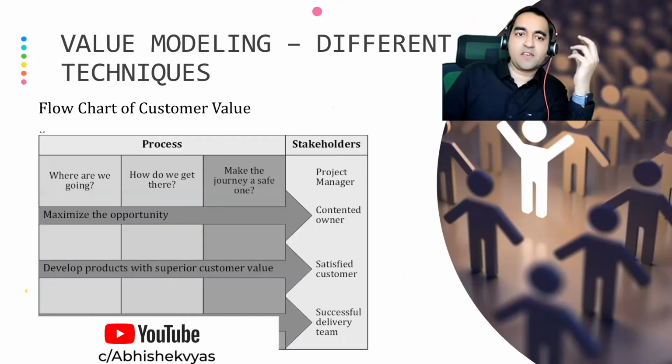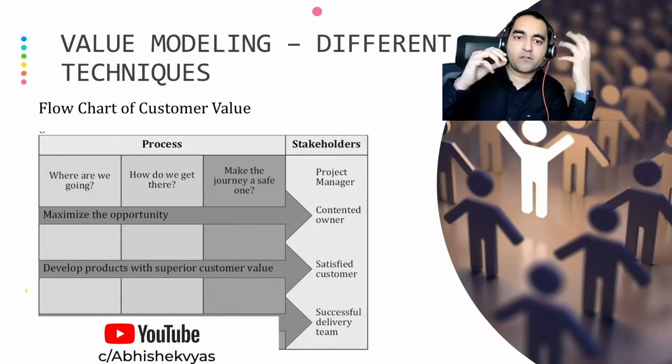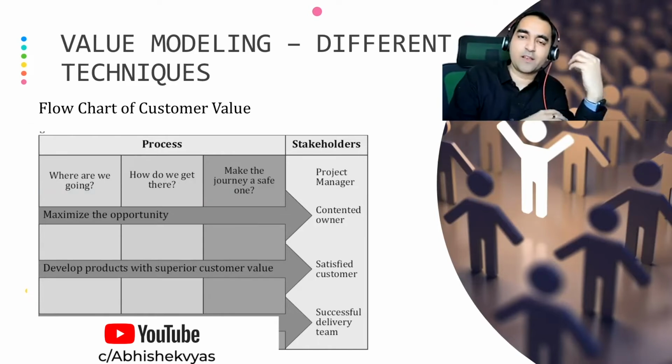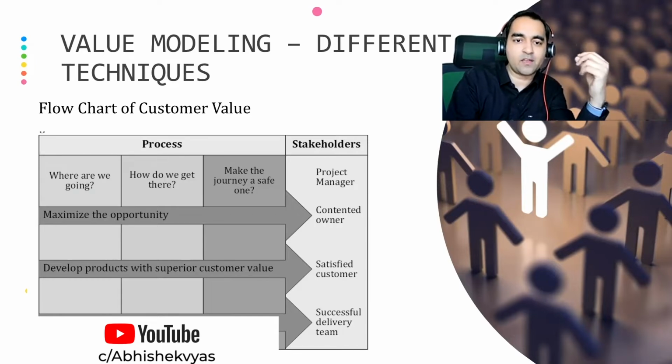The next technique is flowchart of customer value. Here on the right hand side, we mention the various stakeholders, and on the left hand side, we mention the various processes. So where we are going, how do we get there and make the journey a safe one.